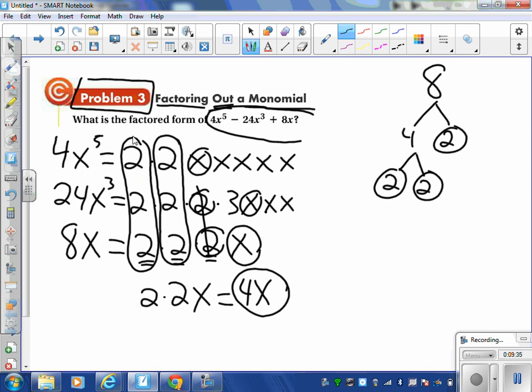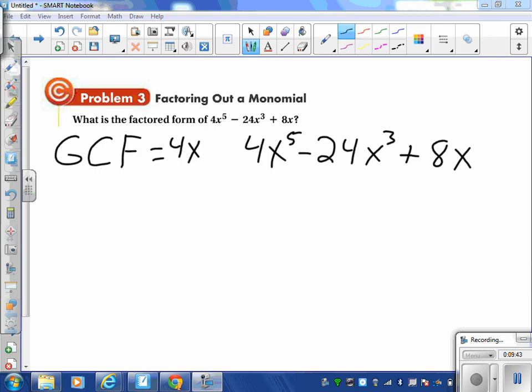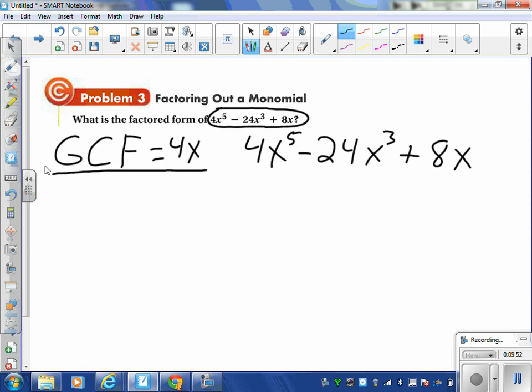Now I have to use that to change what this problem would look like. So now we have greatest common factor is 4x, and I just rewrote this to give us a little bit more room.